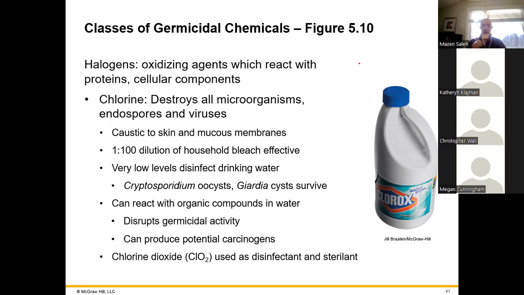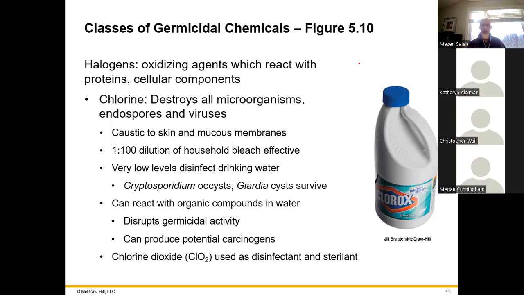Chlorine can react with organic compounds in water, just as we mentioned earlier. So the presence of organic material other than the microbes in the liquid needs to be taken into consideration because it will consume some of the chlorine present, thereby reducing the effective chlorine available to attack the microbe.